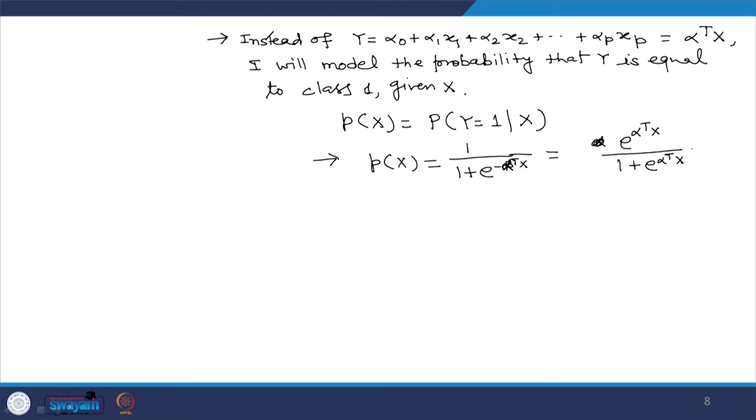I multiply numerator and denominator by the exponential. So, on the right hand side I am having just the sigmoid of alpha t x.